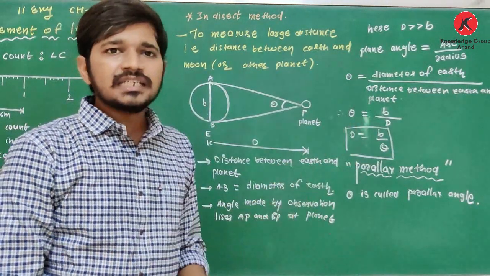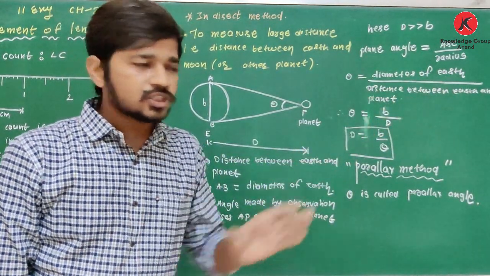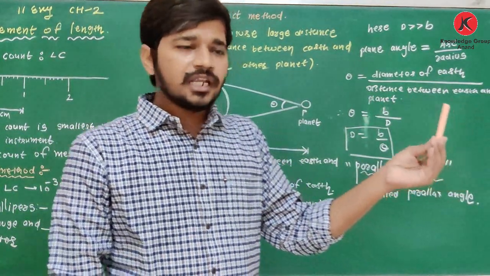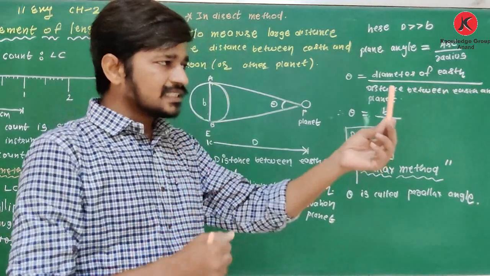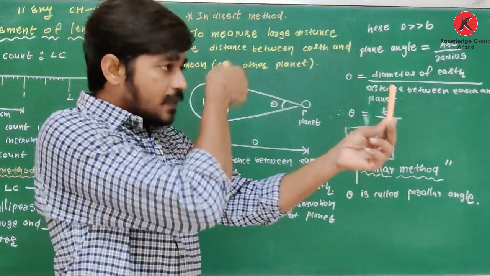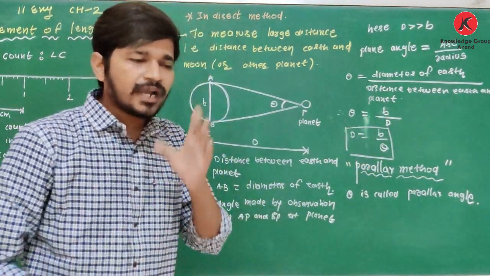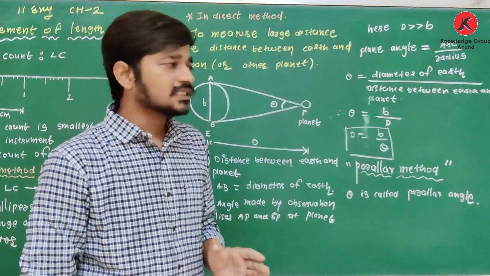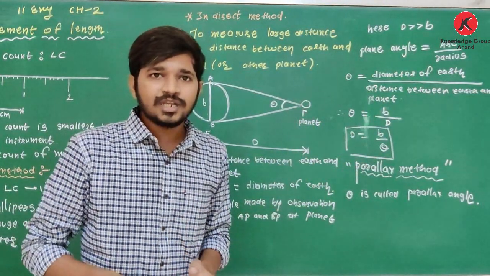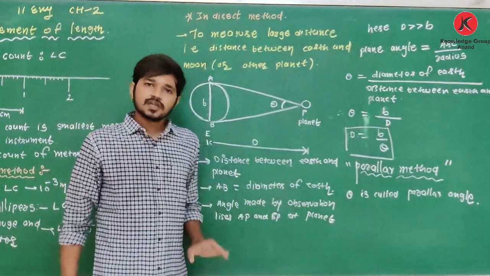Then you will see that this chalk is displaced by some amount. Actually, it is at the same position. But if I observe this chalk first with the left eye and then with the right eye, you will find that the position of the chalk seems to be changed. Yes, it is called parallax. Clear about this?